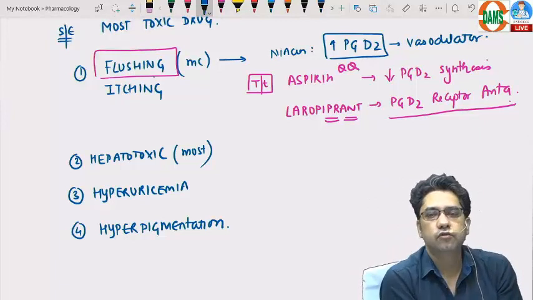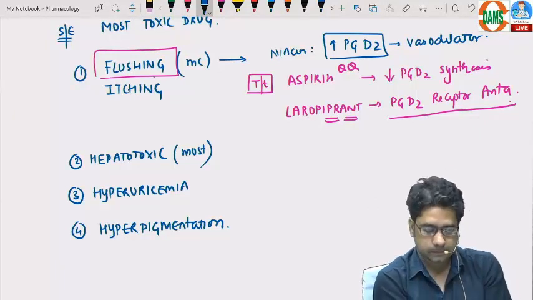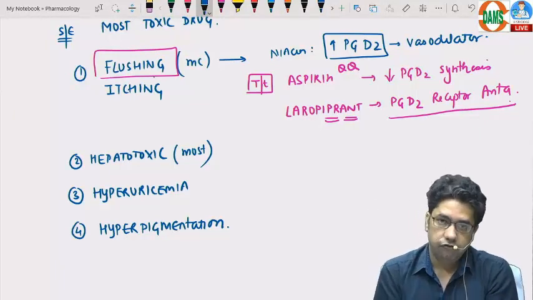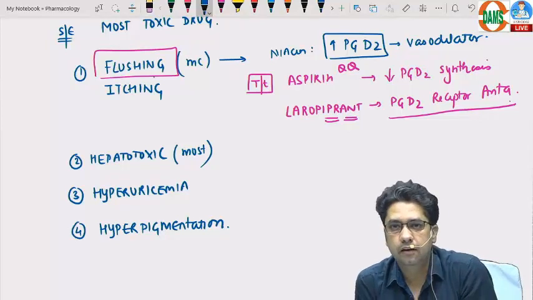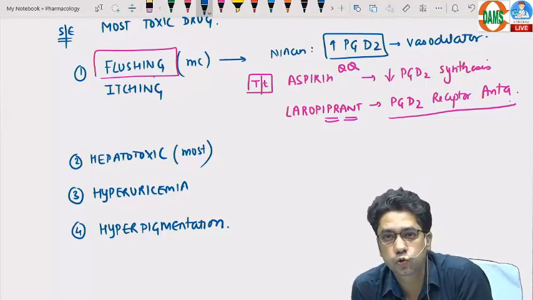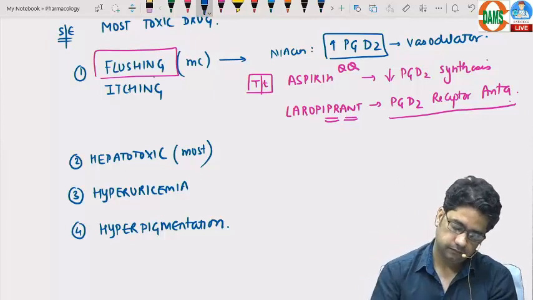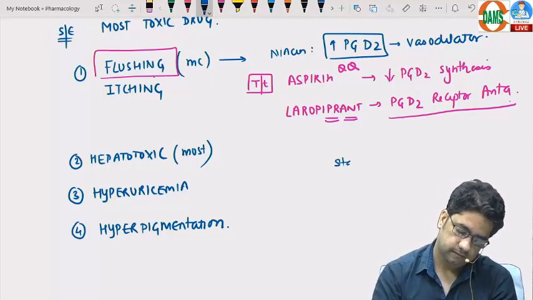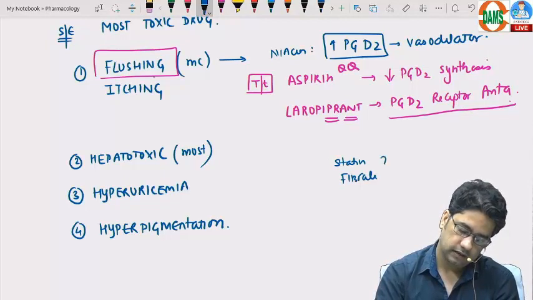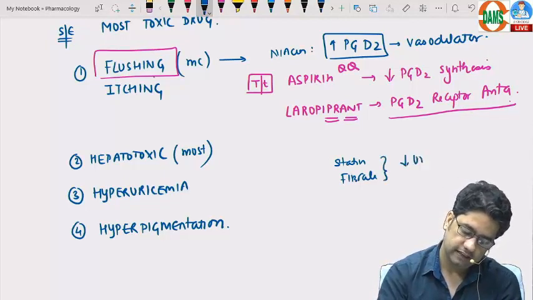Now my question for you is, which hypolipidemic drug reduces uric acid level? Statin, fibrate. They decrease uric acid level.